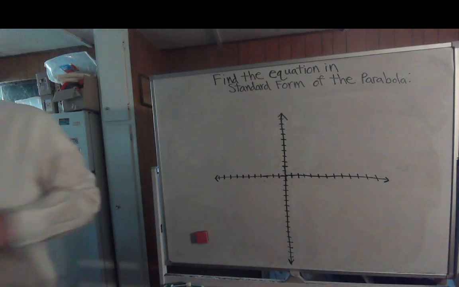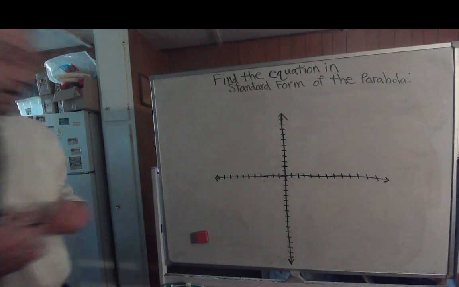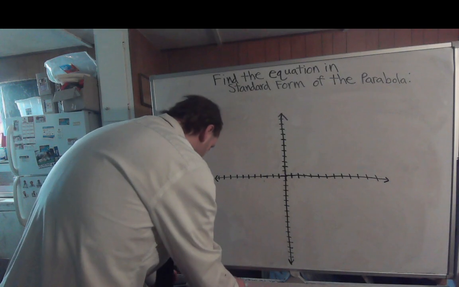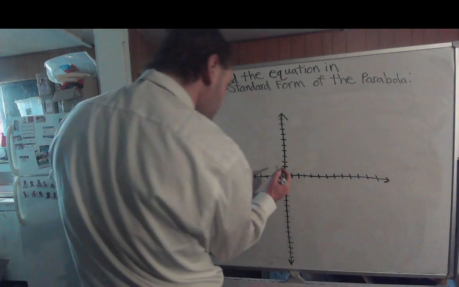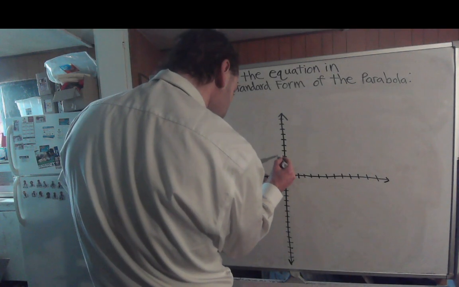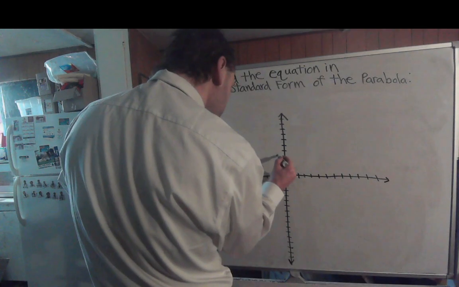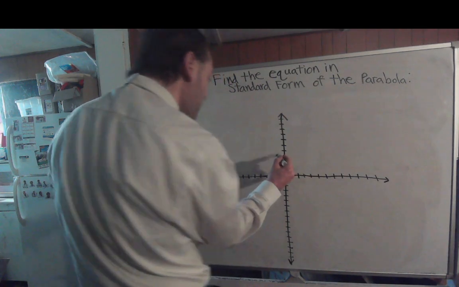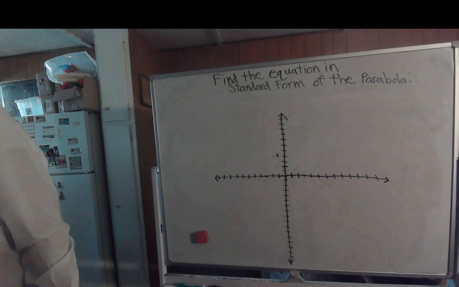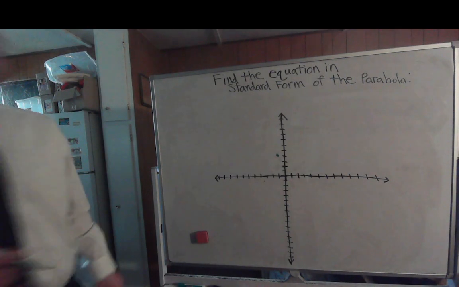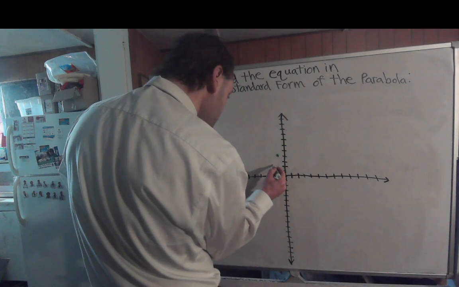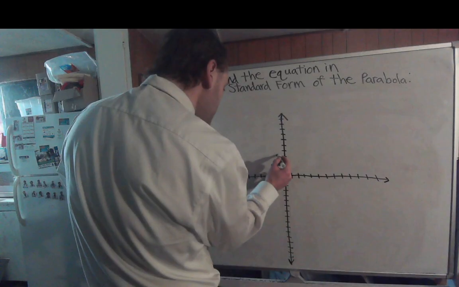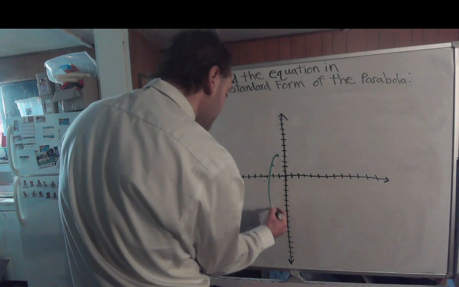Alright, what if, let's see, this time we have a vertex located at (-1, 4). So here's the vertex at (-1, 4), passing through the point (-2, 2). And then it just goes down something like that.